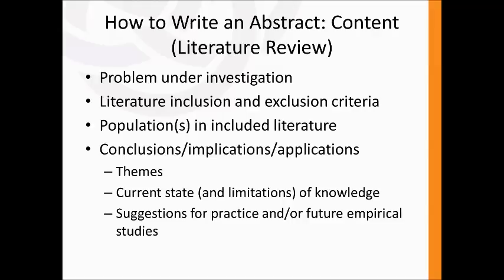Typically, this boils down to indicating what database or databases you used, what keywords you used, often the dates within which you included literature, and depending on the field, that's going to vary. Certainly with something like internet addiction, if you have a study from 1945 that talks about internet addiction, I wouldn't really trust that as a scientific study, more like a science fiction study. But that really depends on the field.